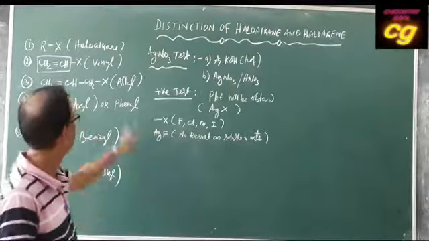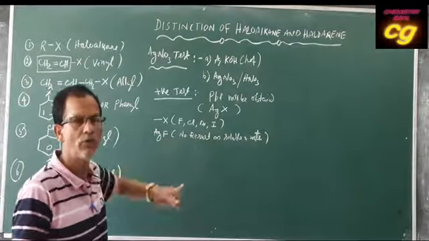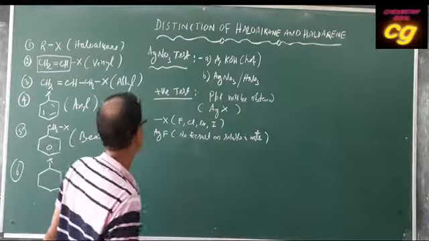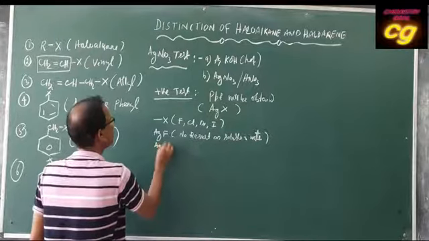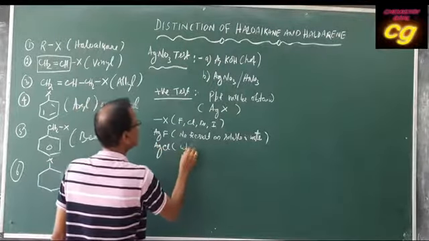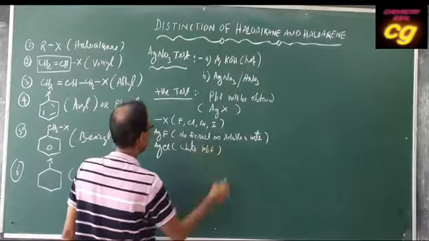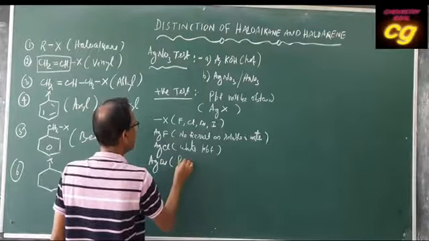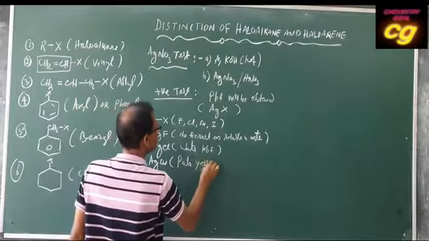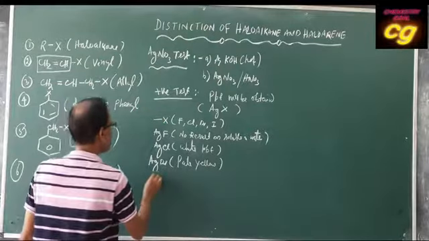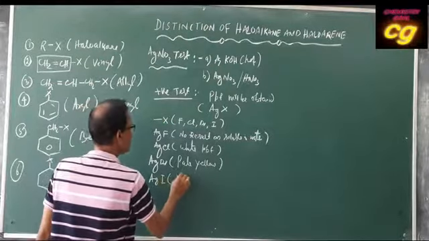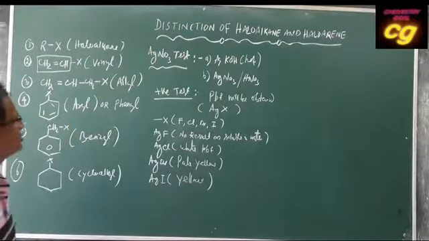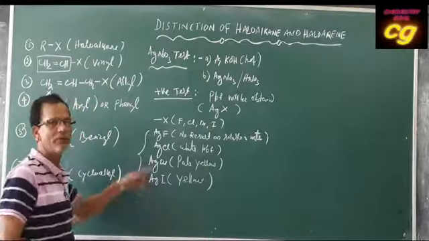The fluoro compound will not give the silver nitrate test because AgF is water soluble. If it contains chlorine, then AgCl, a white precipitate, is formed. If bromine, then AgBr, pale yellow. If iodine, then AgI, yellow precipitate is formed.